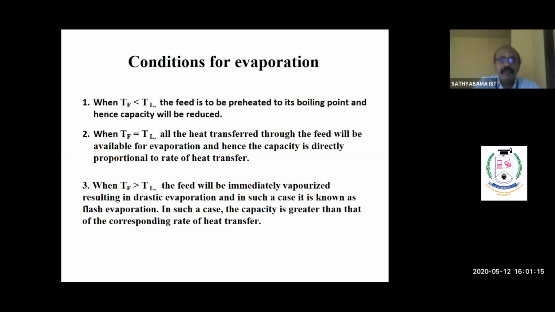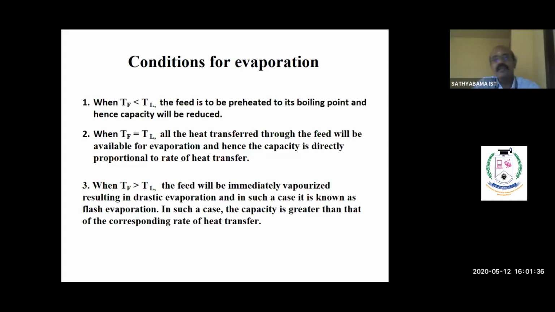Whenever TF is greater than TL, that is feed temperature is greater than the liquid solution temperature, the feed material will be immediately vaporized, resulting in drastic evaporation. In such a case, the product will be immediately obtained, and it is known as flash evaporation. In such a case, the capacity is far greater than the corresponding rate of heat transfer.